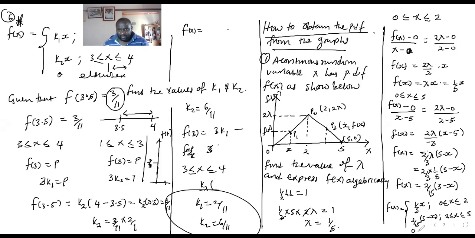Then we have 0 otherwise. And that is how you would have expressed it algebraically. So it requires you to bring in knowledge of geometry because you are extracting work from the graph, and then you use the knowledge of gradients. It is key for us to be in a position to define that function.